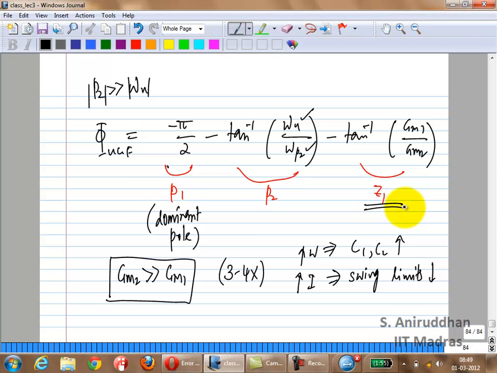It's actually giving a phase lag. You want to try to add a phase lead so that you cancel out the phase lag due to this. A left-hand side 0. How do you do a left-hand side 0? What gives the left-hand side 0 that you know of?